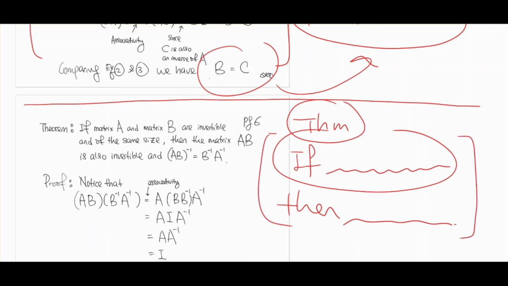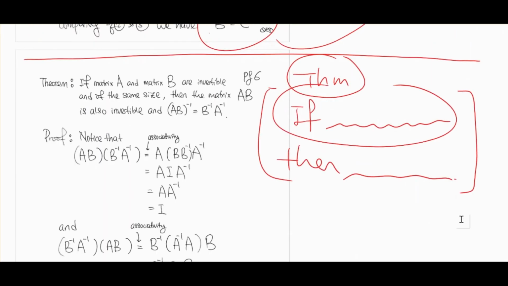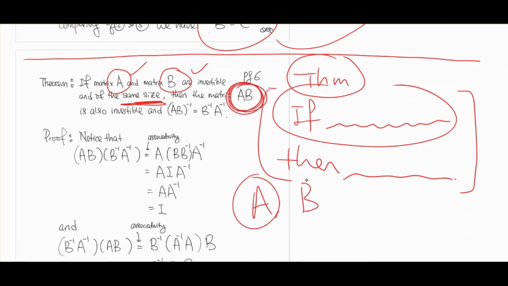What is this theorem trying to say now? The theorem says that if your matrix A and matrix B are both square matrices of the same size, and also that they are invertible matrices, so we are given A and B are invertible matrices, what do we want to show? We want to show that the product AB, these are separate square matrices of the same size, and they're also invertible.